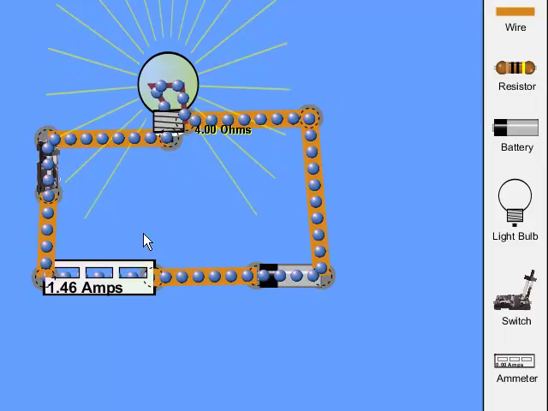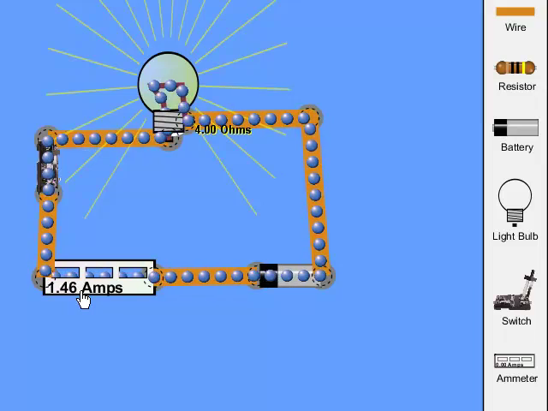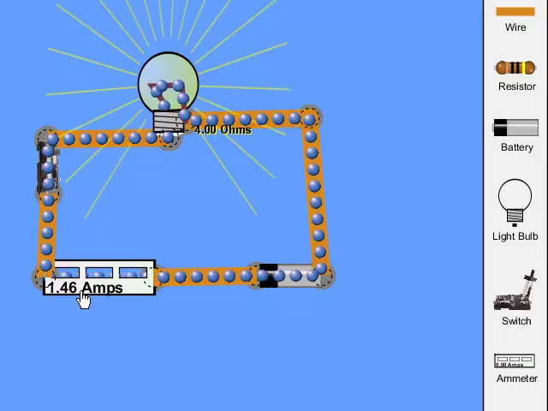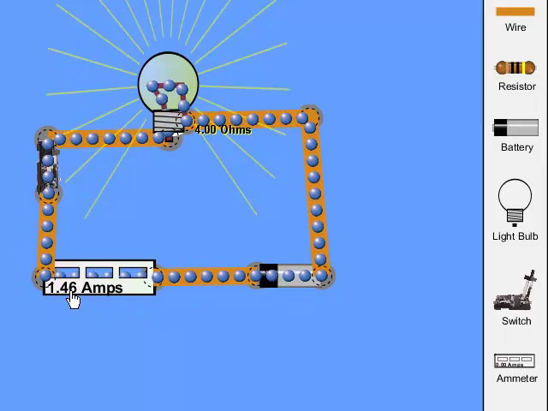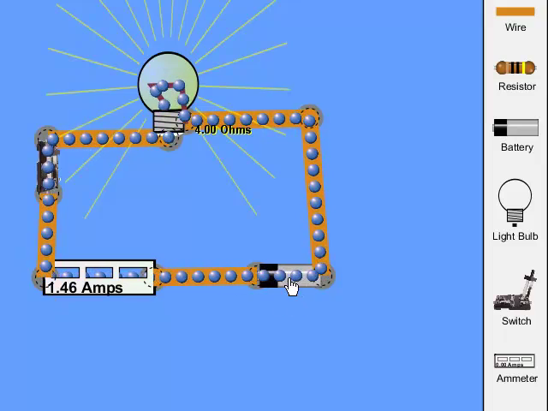No, I really can't. Look at the current here, 1.46 amps. It's not exactly 1.5 amps as calculated, but that's only because I put a little internal resistance in here. So this one here is actually around 1.5 amps, which is the same thing as the problem was.